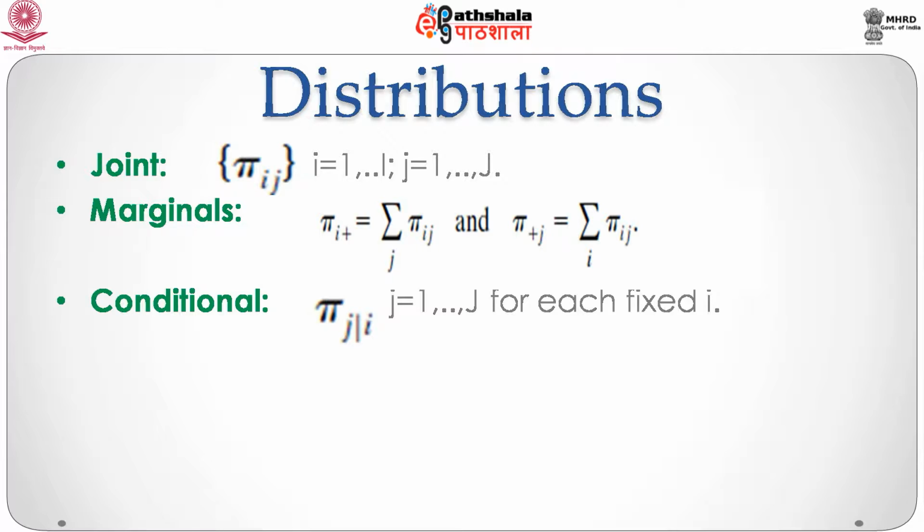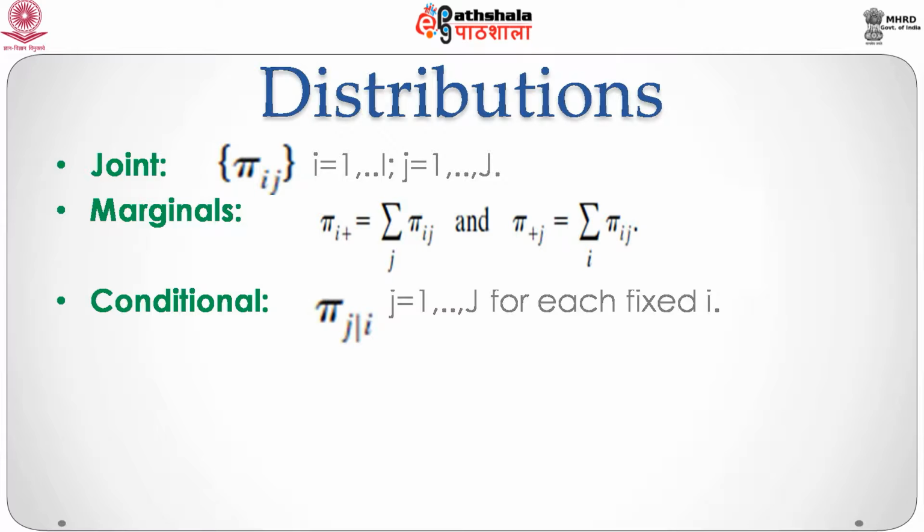We can use this to define the conditional distribution. So for example, pi of j given i is the probability that an individual falls in the classification j for the second variable given that the person is known to be in classification i for the first variable.